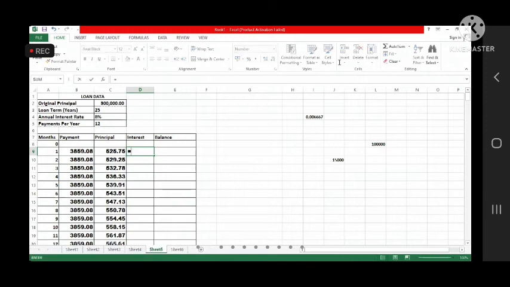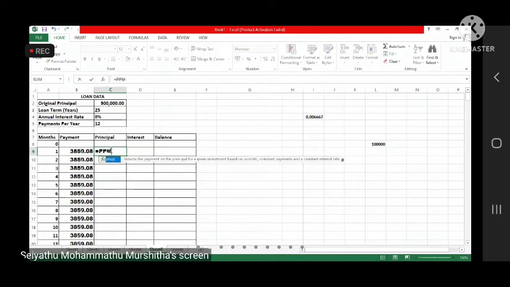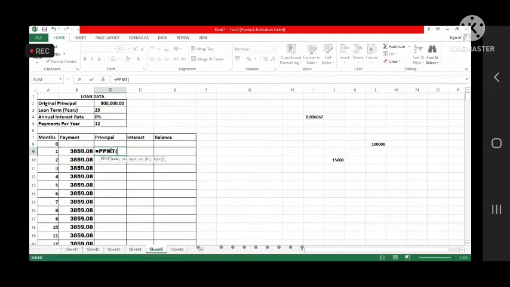Interest. So in order to calculate the interest also, we have another built-in function, equal PPMT. Should I do it again? One person sent a message, PPMT. I have to repeat it. PPMT, just concentrate here, equal PPMT, principal payment, bracket.